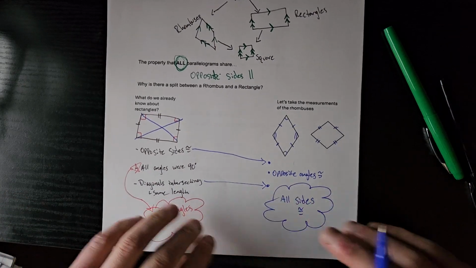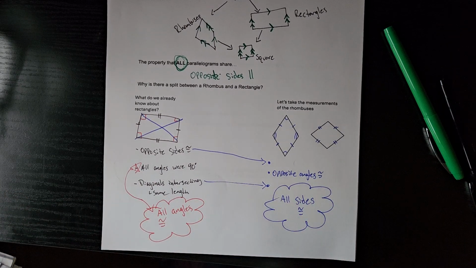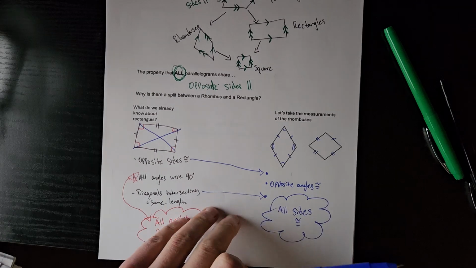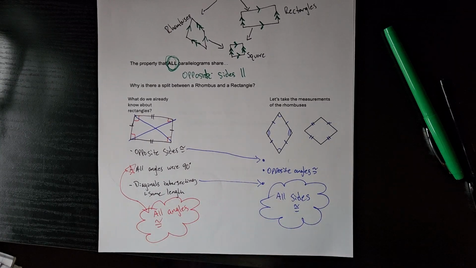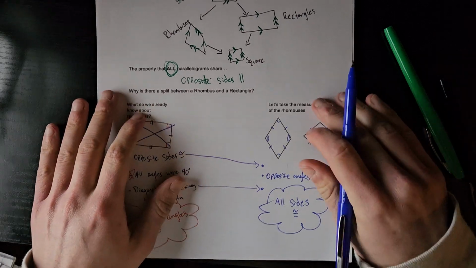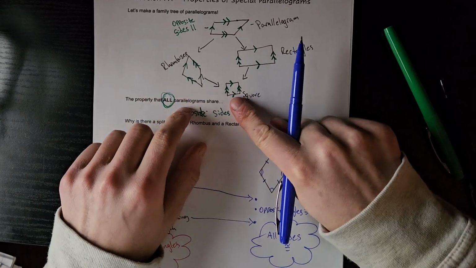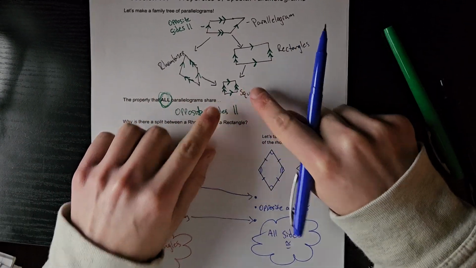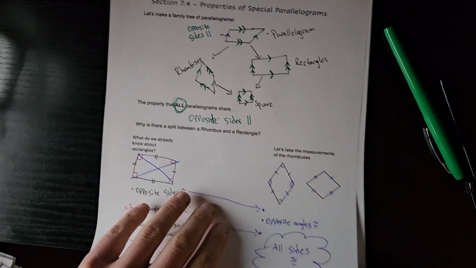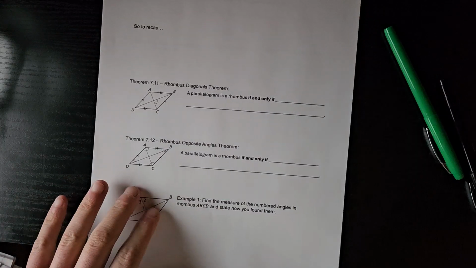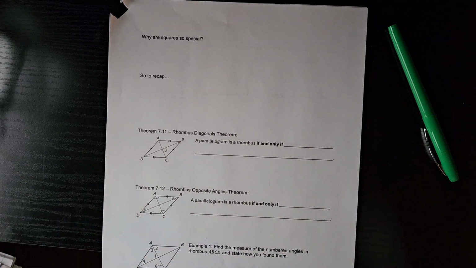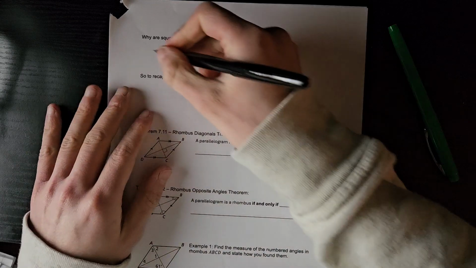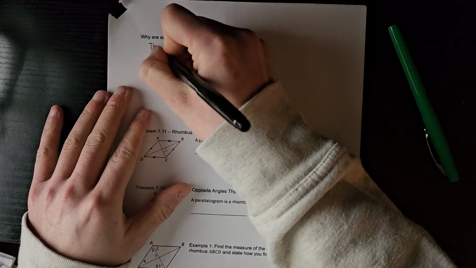Now, taking a look at that and thinking it over a little bit, you can piece together why squares are a combination of both rhombuses and rectangles. Because squares take those special properties of rectangles and rhombuses.